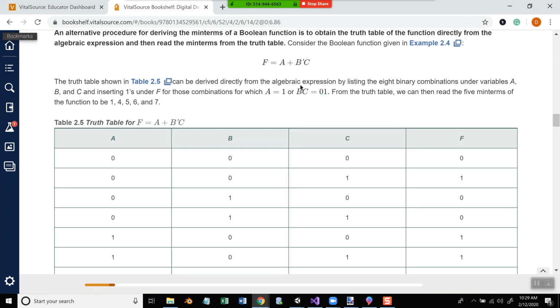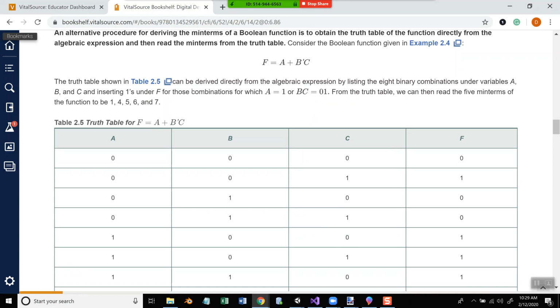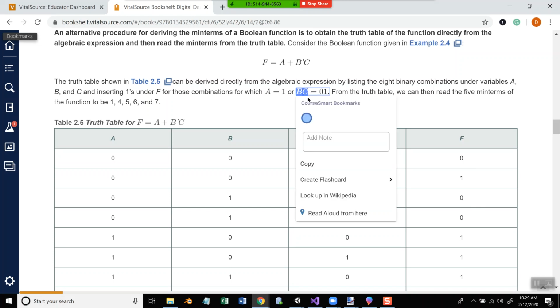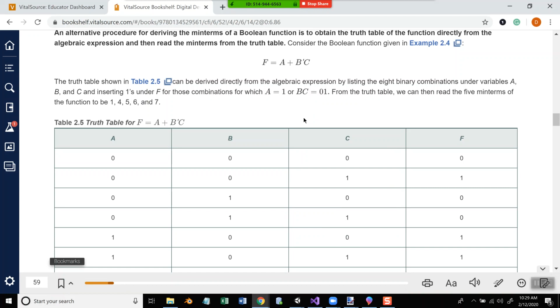Now you may wonder, we want an F for those combinations, which gives you one here or one here. Well, that's because one plus zero is one, zero plus one is one, plus one is one. So all those will give you this. But they should have said right here, B prime C. Does that make sense?